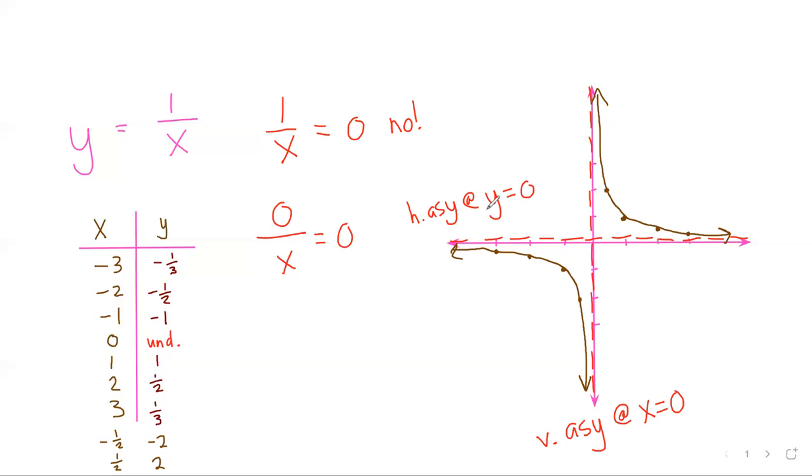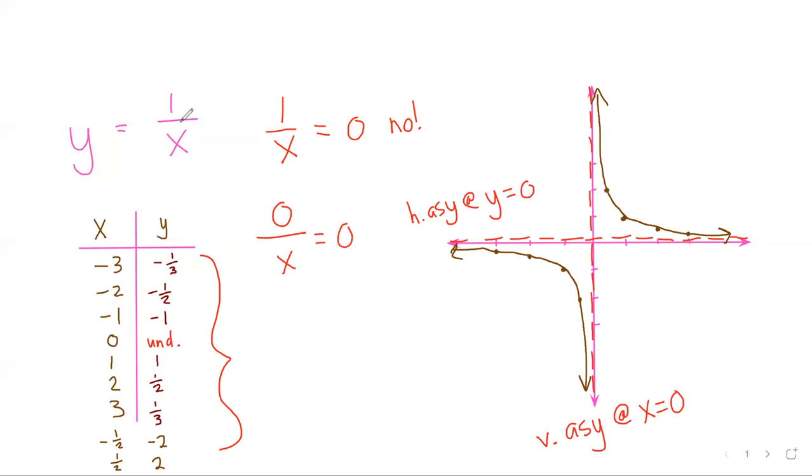So in total, the parent graph, y equals 1 over x, has these two separate pieces. It has a vertical asymptote at x equals 0 and a horizontal asymptote at y equals 0. By the way, one more way of thinking of this relationship.